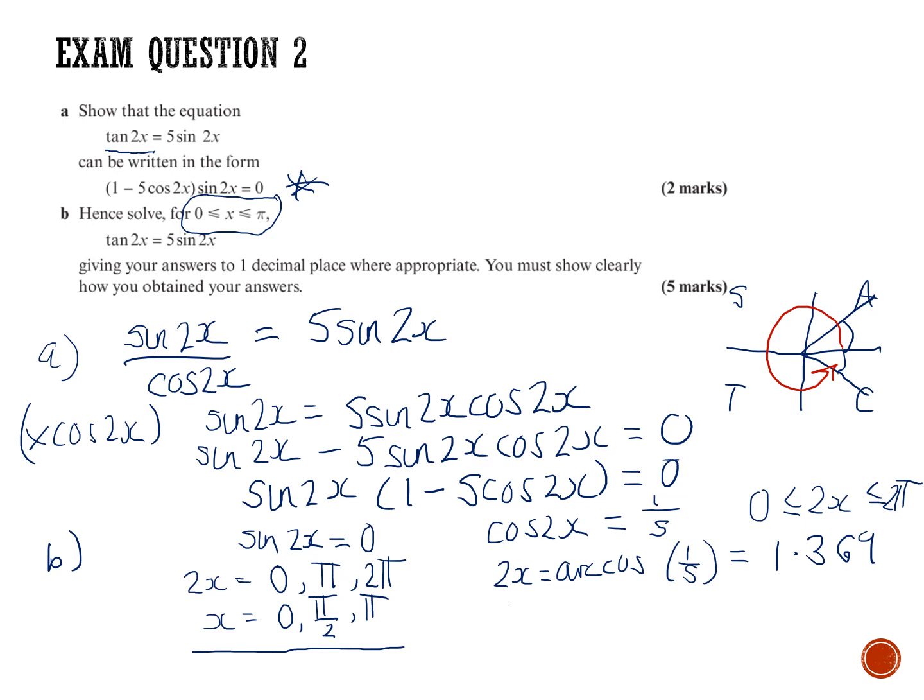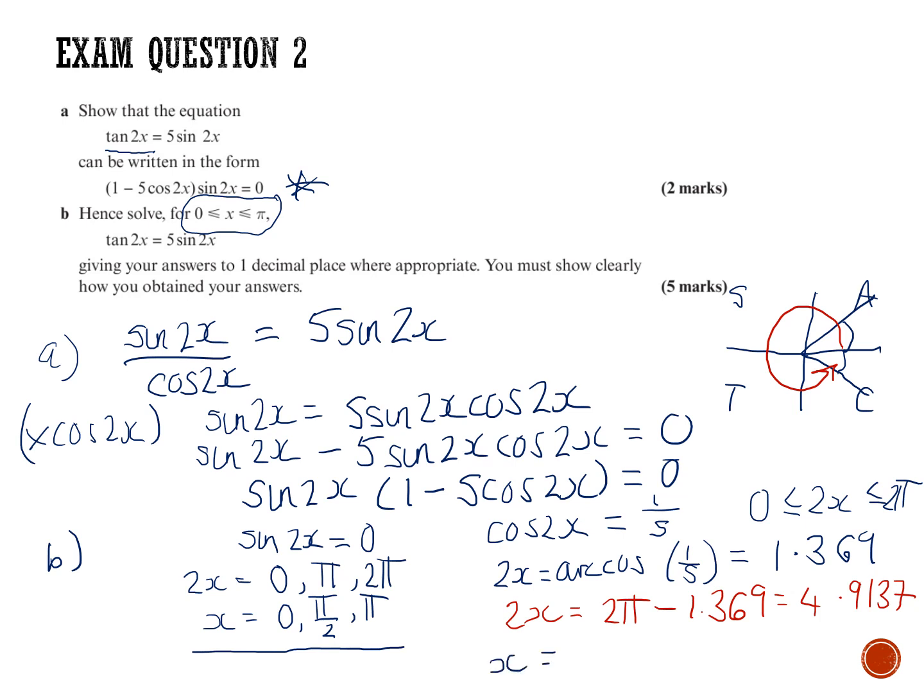So that answer is going to be 2x equals 2 pi minus 1.369, and that gives me 4.9137. So to get my final answers here, what I'm going to need to do is take those 2 values and divide them by 2.